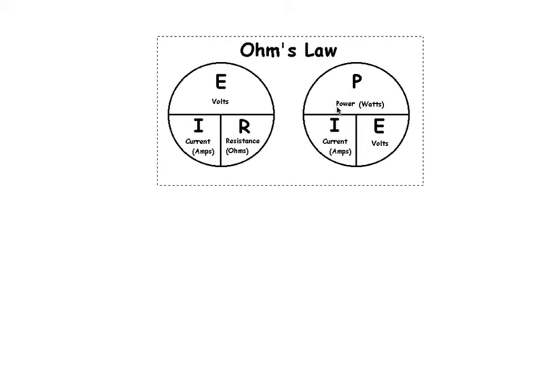But the power calculation triangle works in exactly the same way as the Ohm's law calculation triangle. If you have two of these known, you can find the third one simply by manipulating the formulas in the triangle. We're going to do an example that has an unknown amperage.